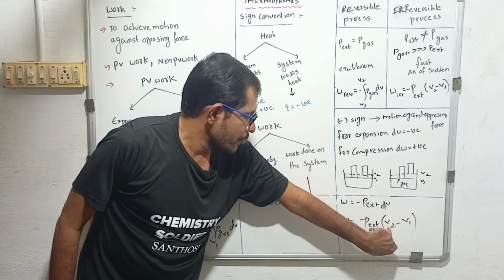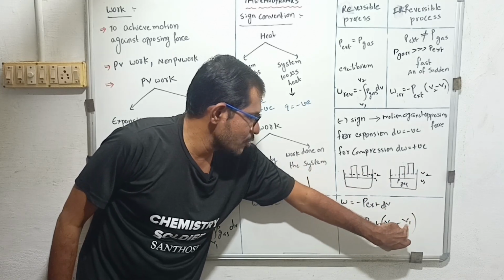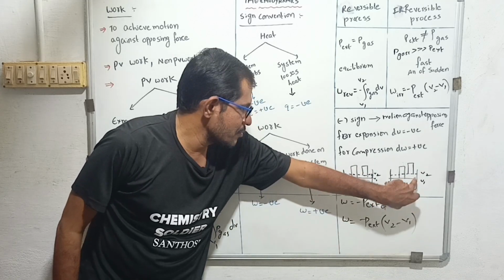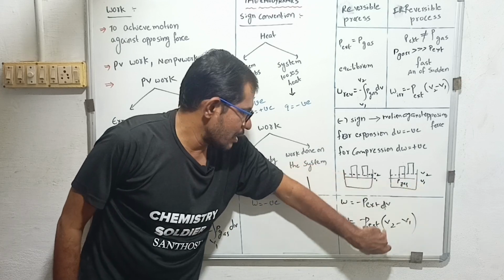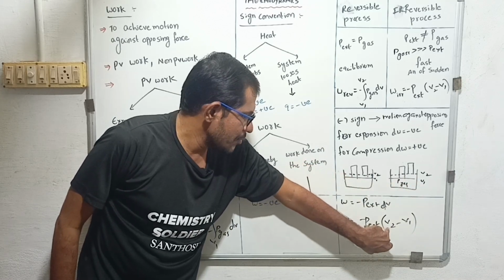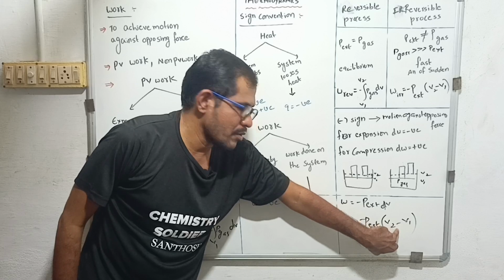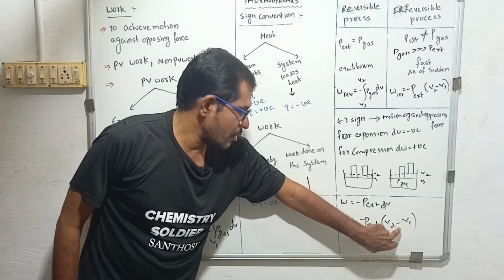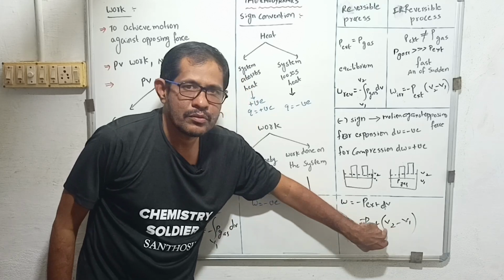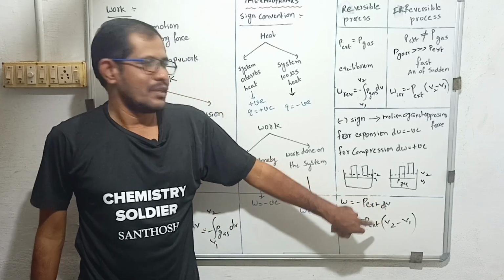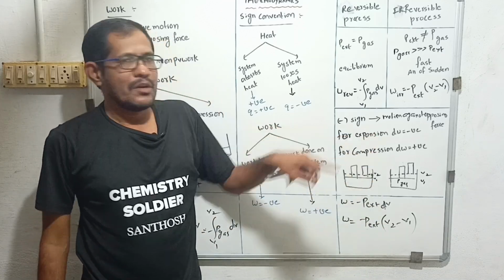So here we are substituting bigger value minus smaller value. For expansion, V2 is bigger, V1 is smaller, so a positive value will come. Negative into positive is negative. That's why for expansion we are getting negative.